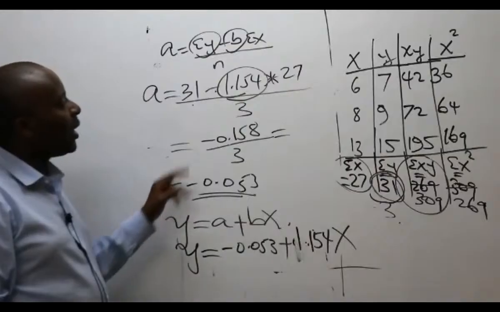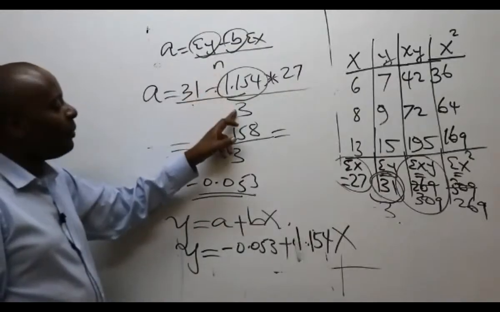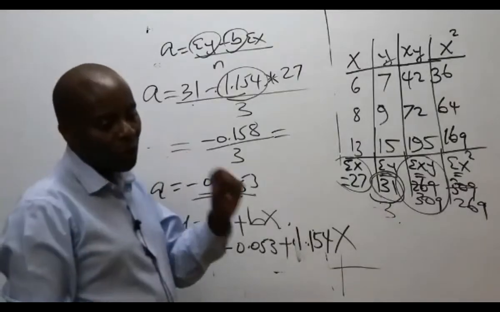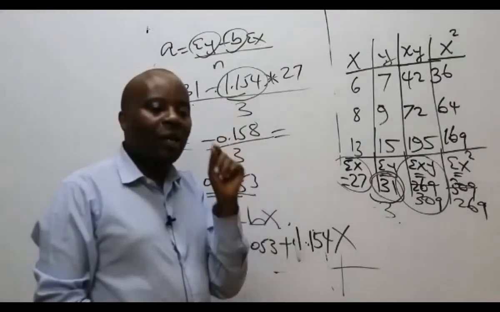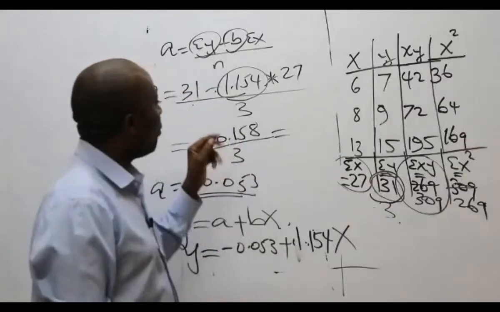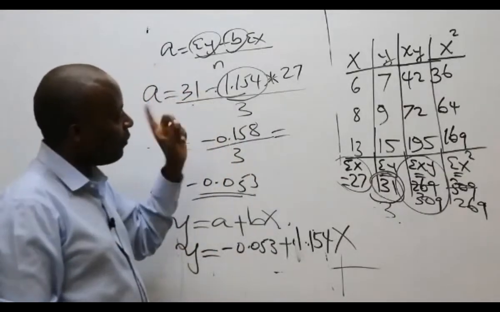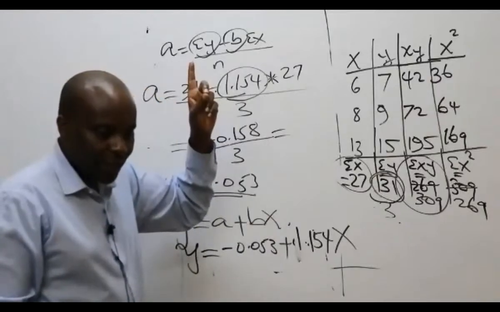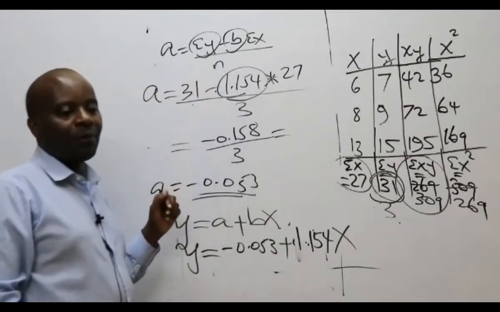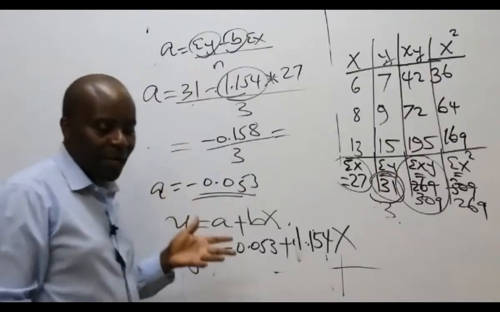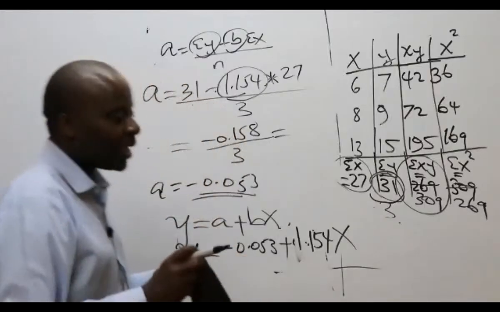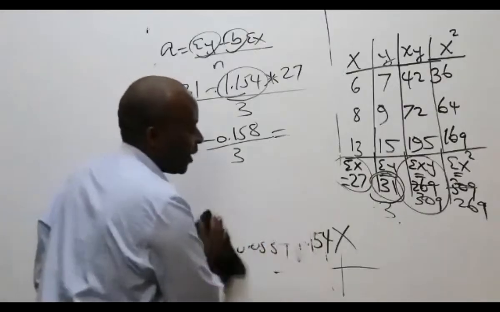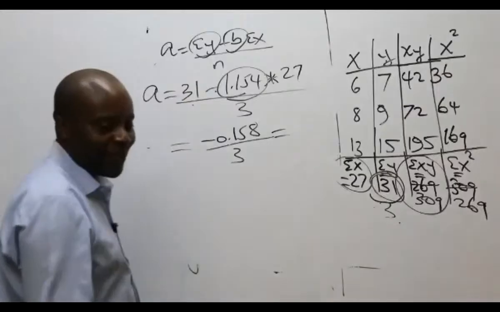Divide this by number of points, and how many of them are they? 3. Fatima, mali umekosea, haujatafuta numerator kando. Lazima utafute numerator kando na calculator yako. Numerator, useme 31 minus 1.154 times 27, useme equals. Fatima, please, mimi najua nimemark exams za CASNEB for so long, and I know the biggest mistake that students do.